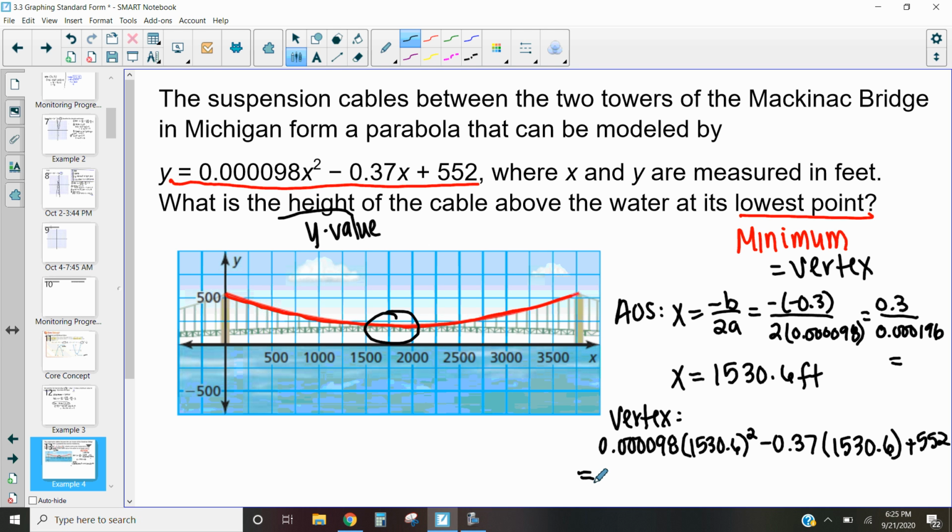So we want to square this. 1530.6 squared is going to be 2,342,773 point change. I want to multiply that by 0.000098, and that gives me roughly 229.6.